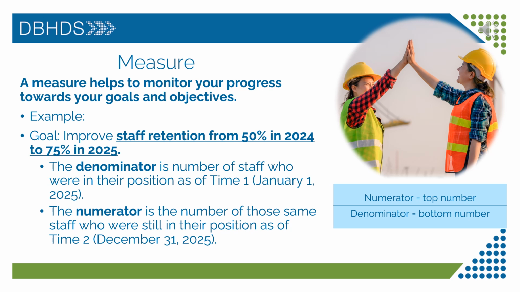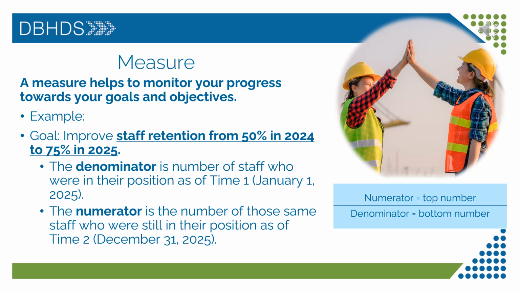We're going to look at a fictitious example of using measurement and answering those key questions. Remember that a measure helps to monitor your progress towards your goals and objectives. In this example, the team has the goal to improve staff retention from 50% in 2024 to 75% in 2025.